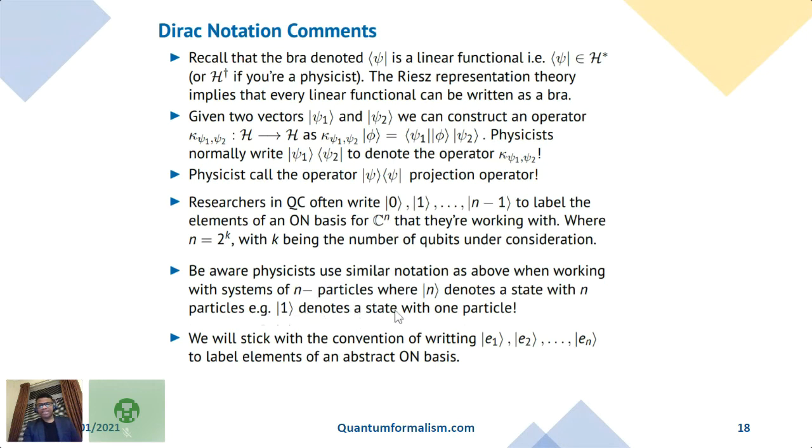So you will see this a lot in presentations and webinars, in conjunction with things like creation and annihilation operators. So it's very important that before you interpret the Dirac notation, you pause a minute and see who is writing it. Is it a computer scientist, or is it a particle physicist? And put it into context, because it might mean different things.